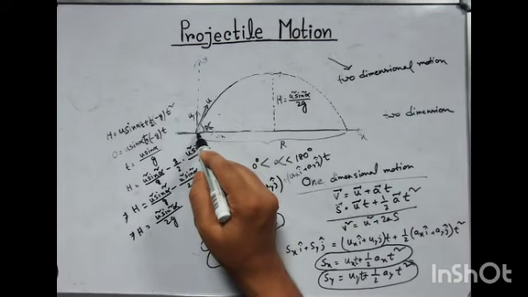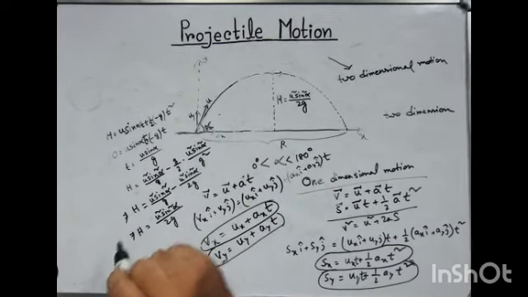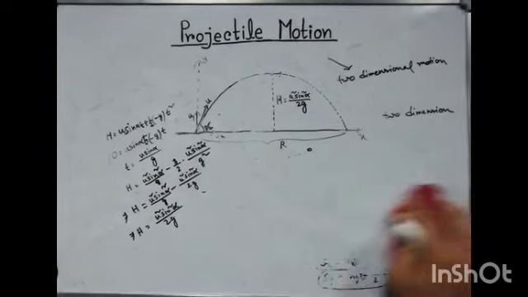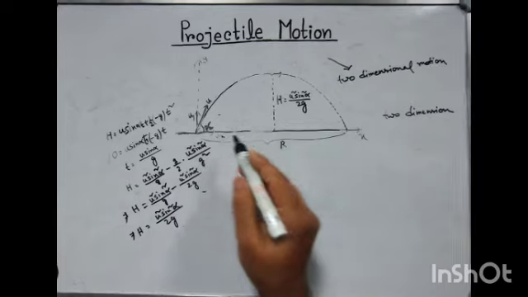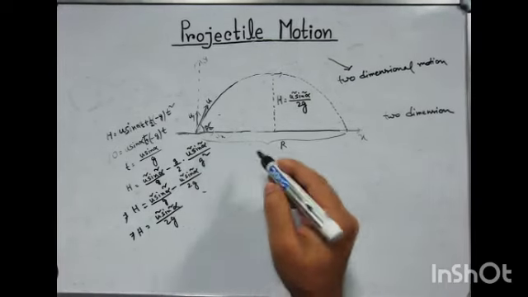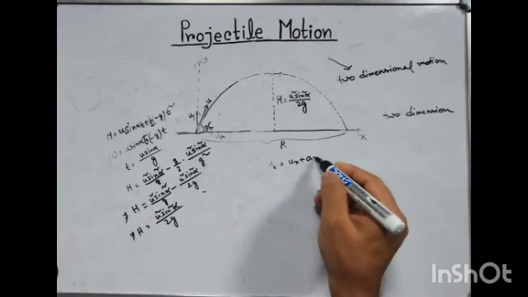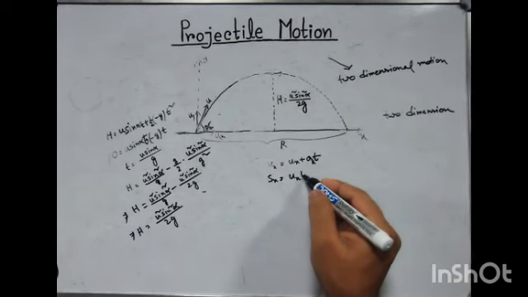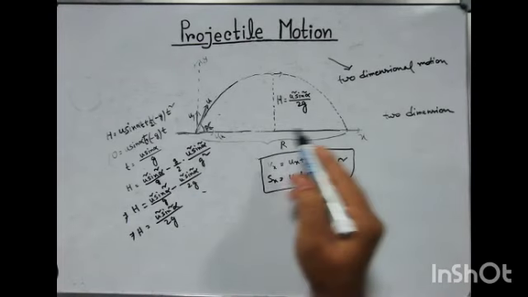Now we have to find how much distance the ball will travel along the horizontal axis. How will we do that? Along the x-axis only the ux component is working, so vx equal to ux plus ax t, and sx equal to ux t plus half ax t square. These two formulas will work here.